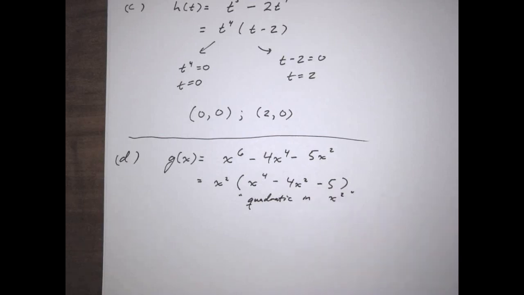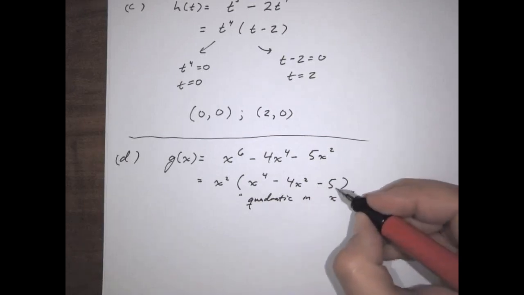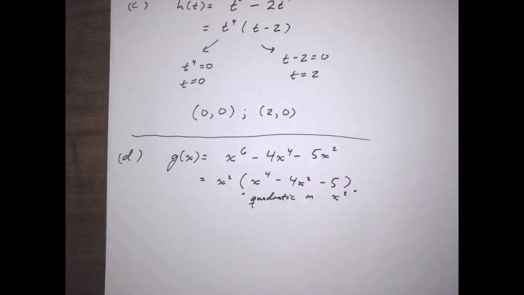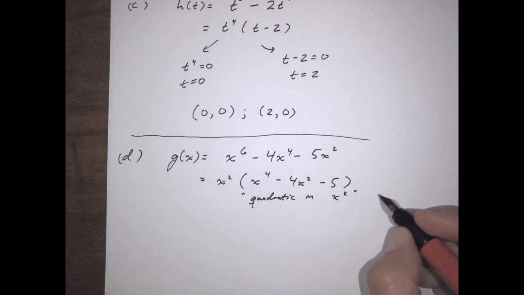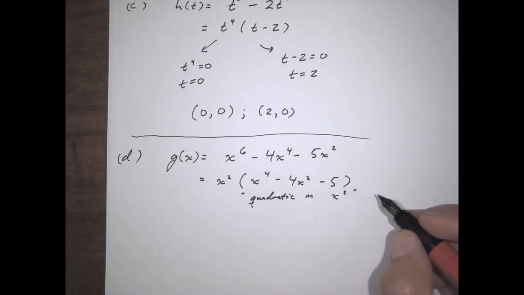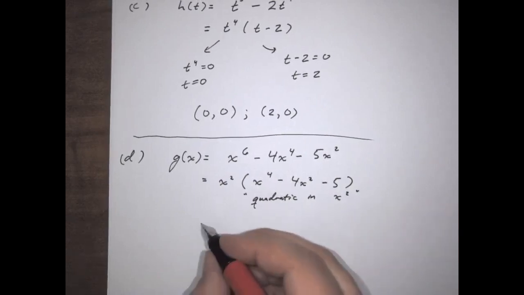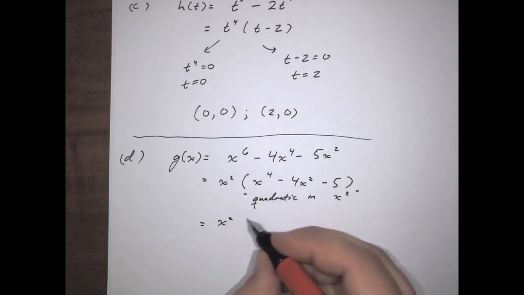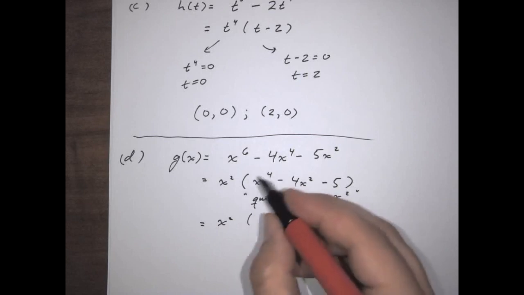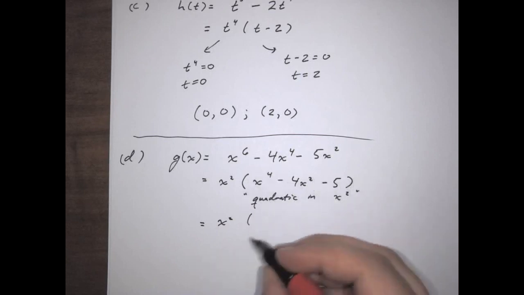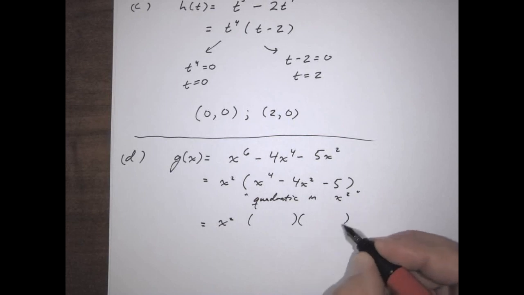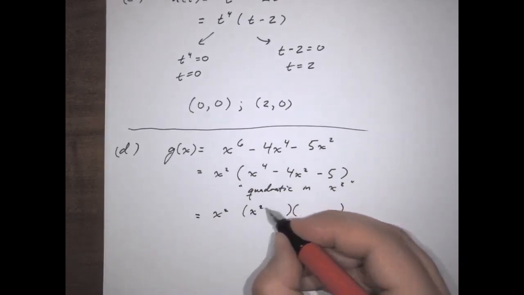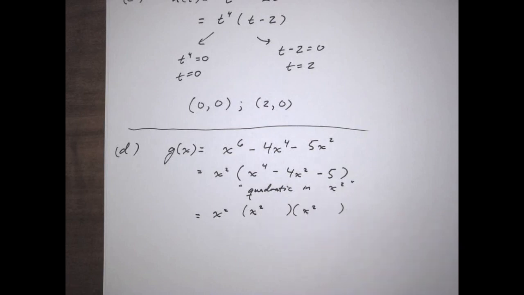And what that means is, we have a constant, we have an x squared, and we have an x squared squared. So in a way, it's almost like we have a new variable, y, which is equal to x squared. And this factors the same way you would if this was just y squared minus y, and then a constant. And you can factor it as x squared, x squared.